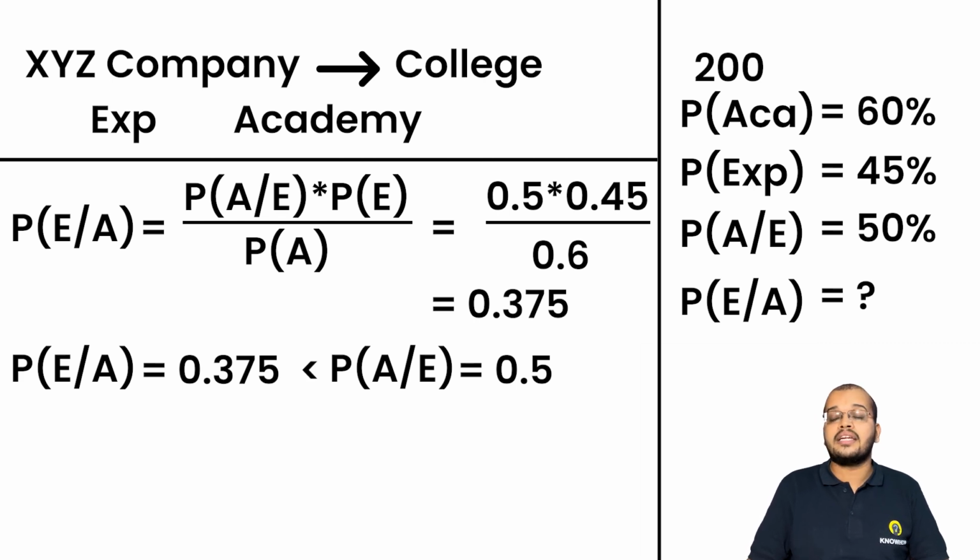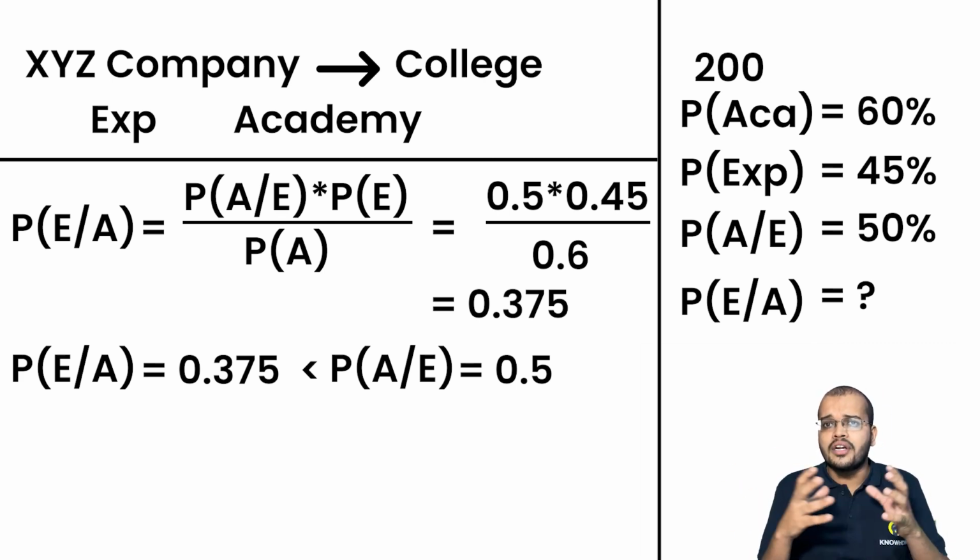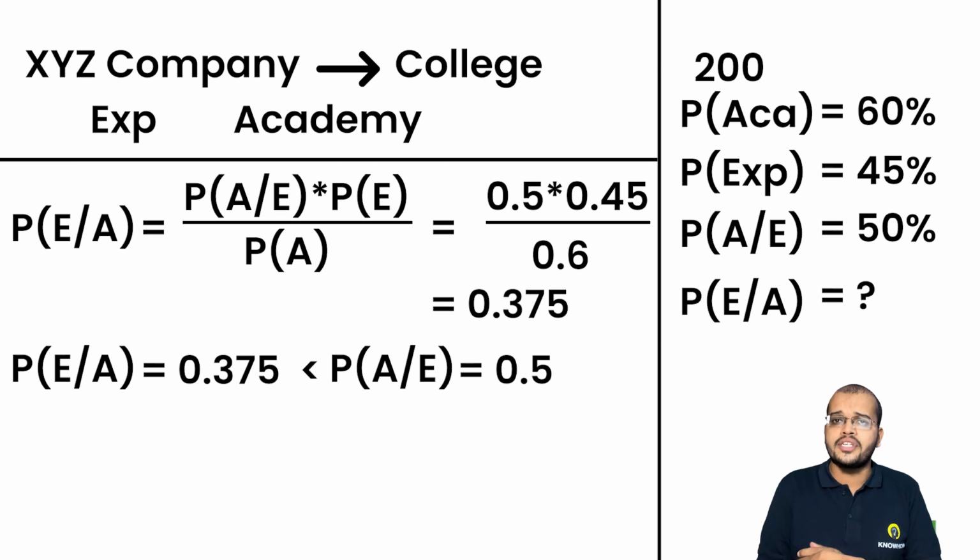So the ideal candidate is someone who has experience and also scored well in academics. This is a general understanding of how we use the Bayes theorem in real time, in any situation we encounter when doing projects in data science.